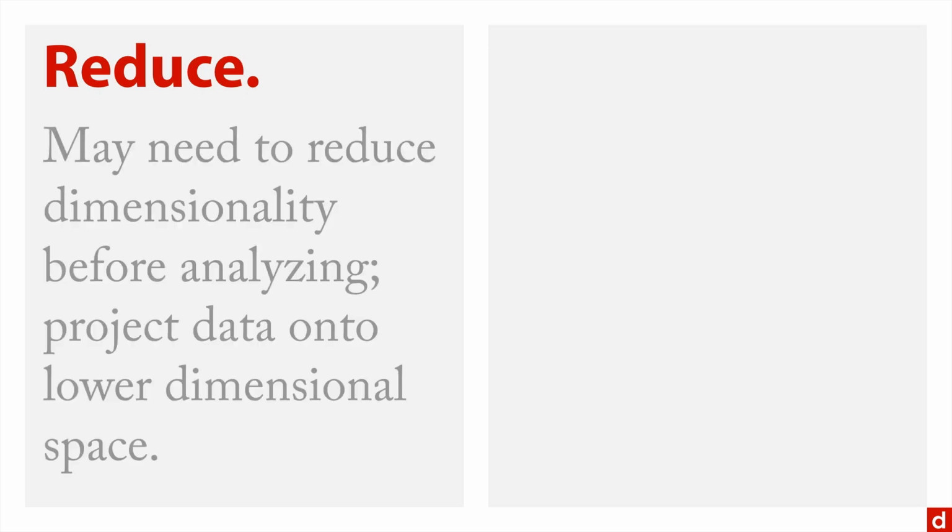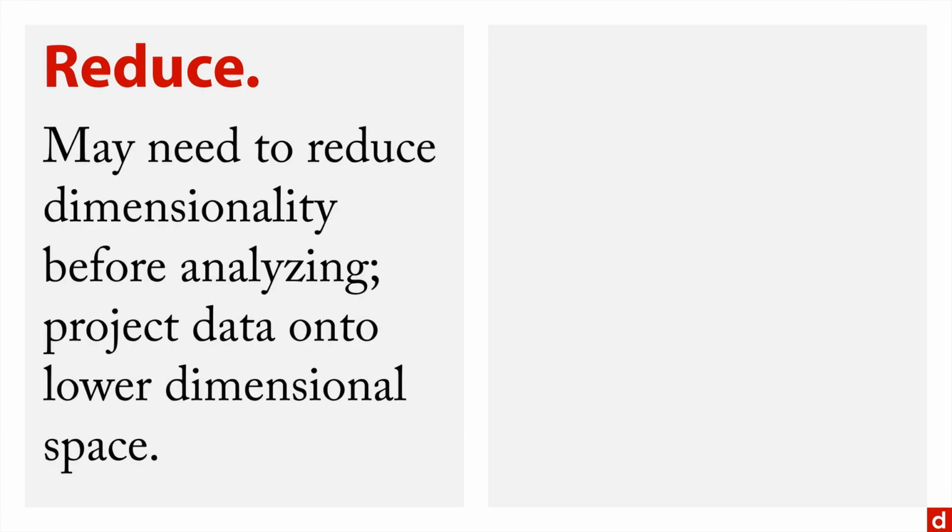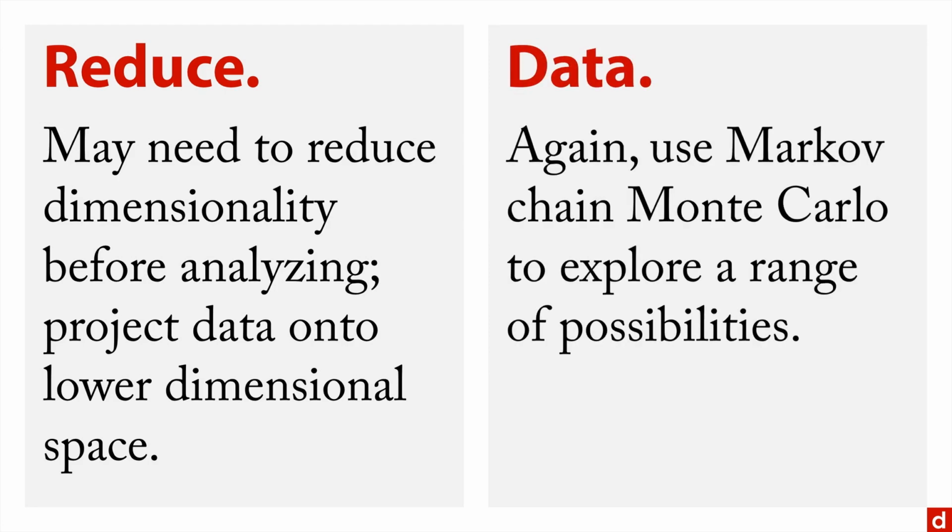You can try to reduce, mostly that means reducing the dimensionality of your data. Reduce the number of dimensions or variables before you analyze. You're actually trying to project the data onto a lower dimensional space, the same way you try to get a shadow of a 3D object. There are a lot of different ways to do that. There are also data-driven methods, and the same method here, a Markov chain Monte Carlo model, can be used to explore a wide range of possibilities.